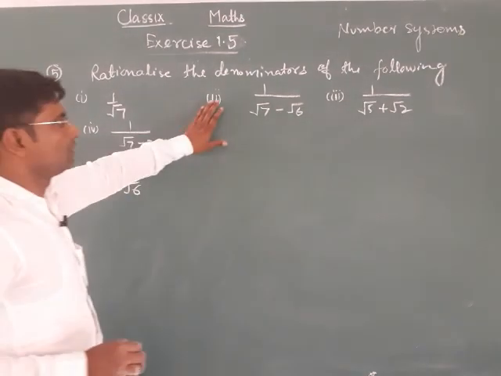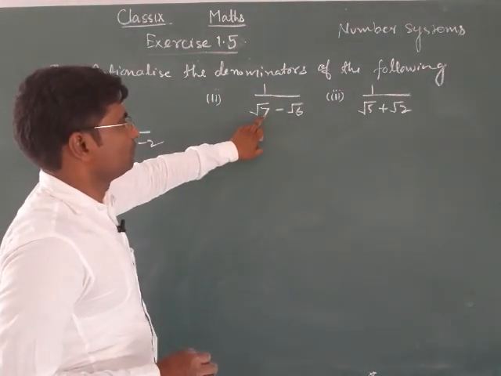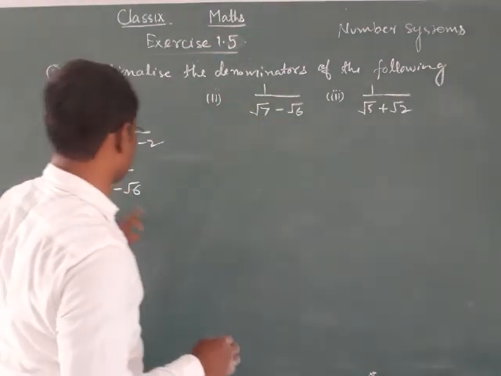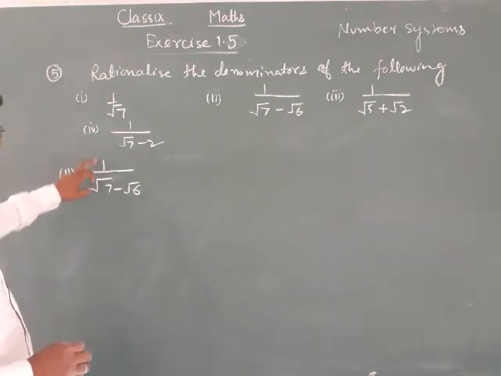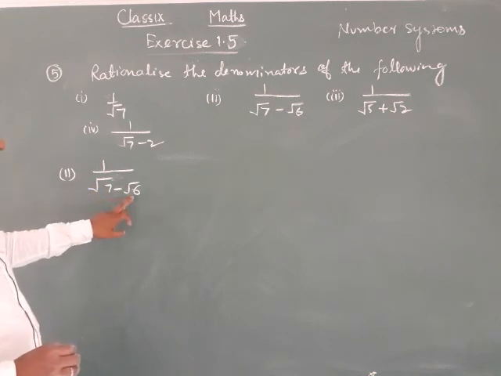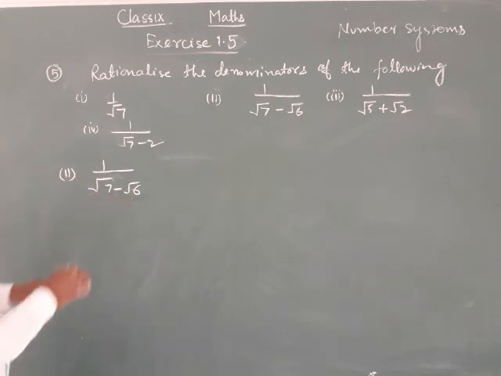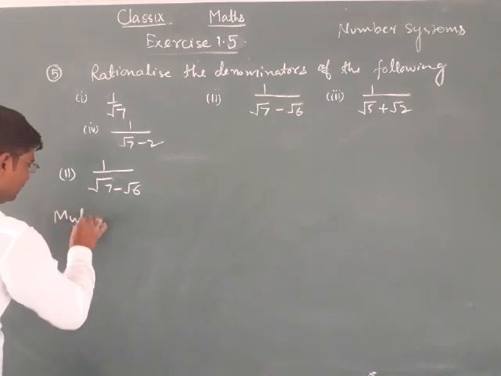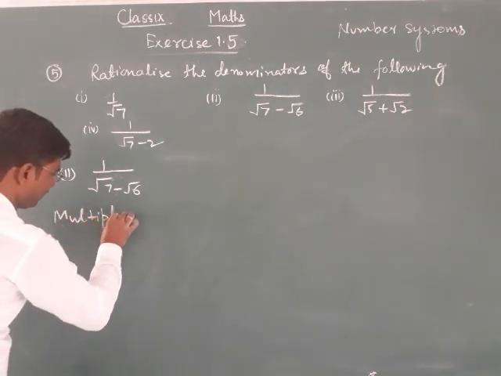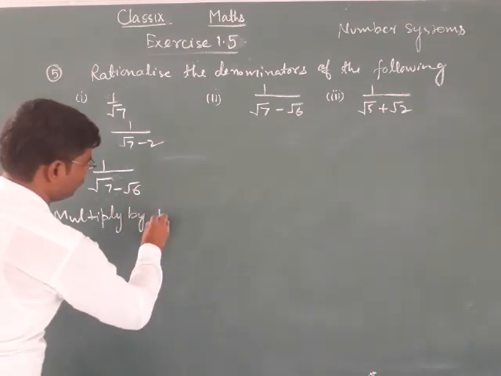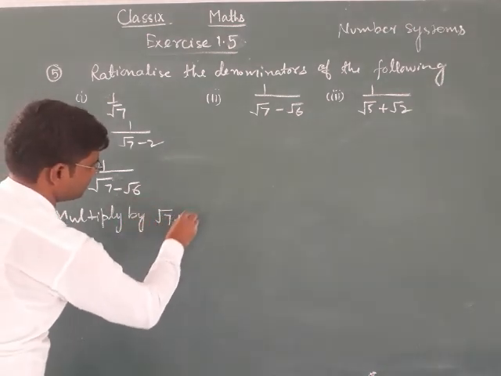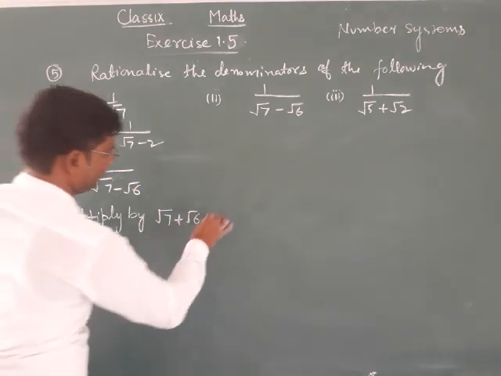And the second part, 1 upon root 7 minus root 6. Now we multiply the numerator and denominator by root 7 plus root 6.